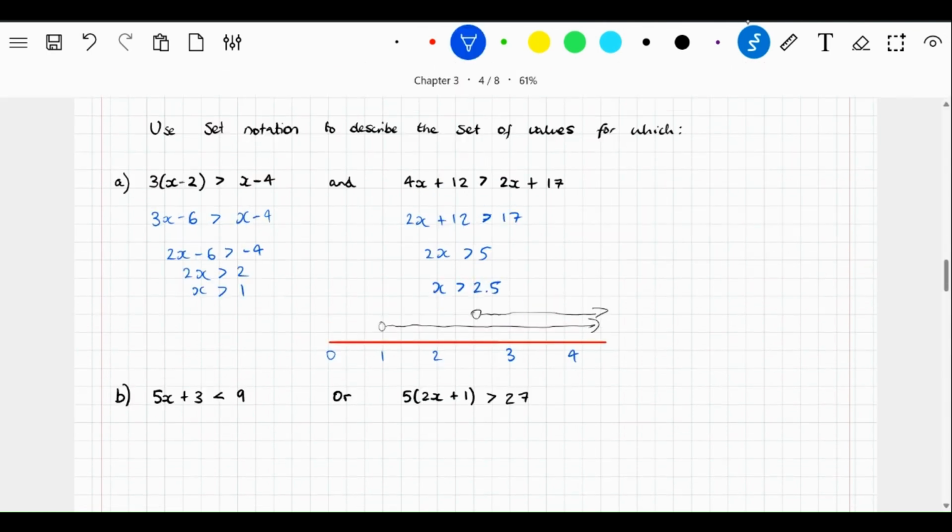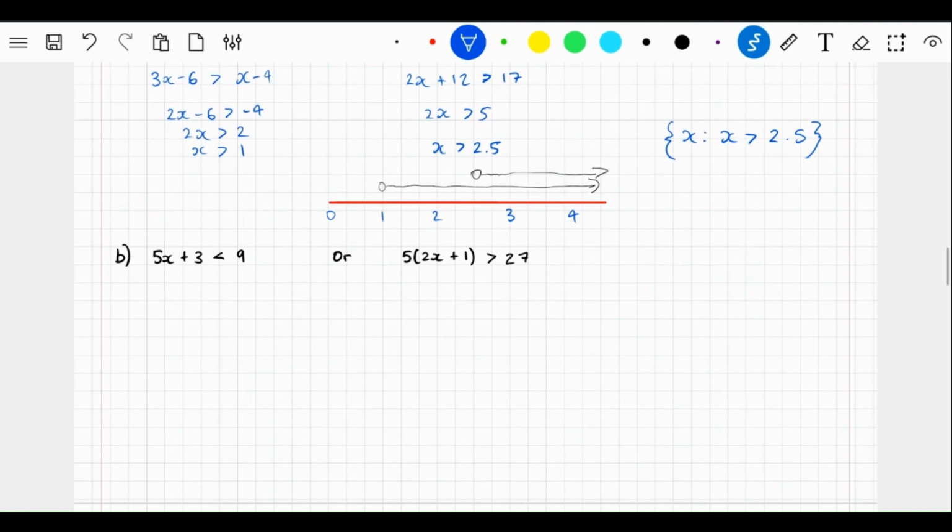You do a little curly bracket, and we say x, and then do a little colon, and then we say x is greater than 2.5, and then we close our curly bracket here. Not the best at drawing them, but basically that is what you want to do for that.